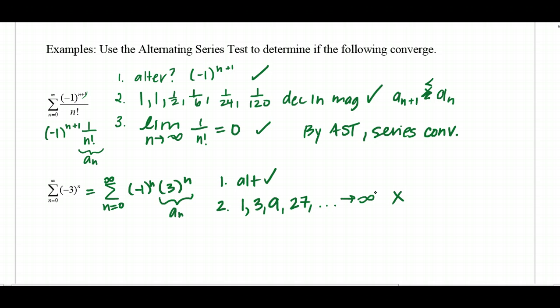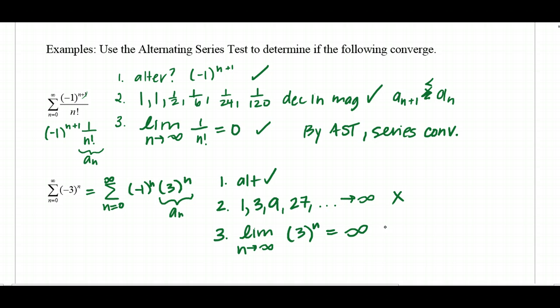But here's the warning, is that I cannot say that this series diverges by the alternating series test. The part that it's diverging truly by is the nth term test, because if I do the limit as n approaches infinity of this general term, 3 to the n, as this exponent goes to infinity, this whole quantity is going to infinity.